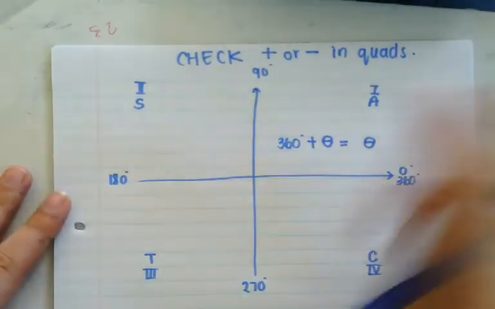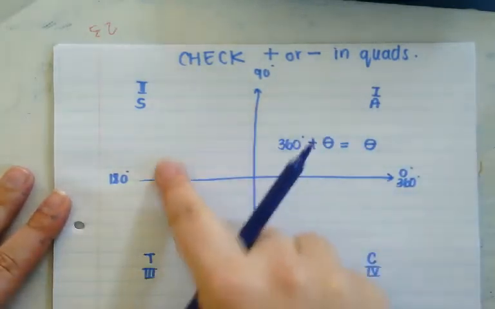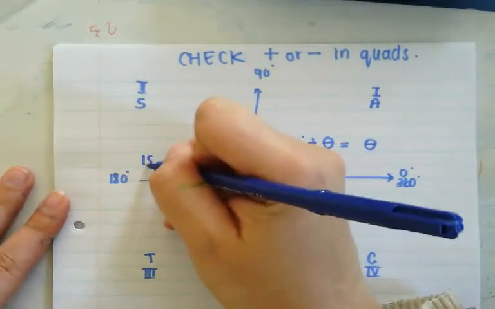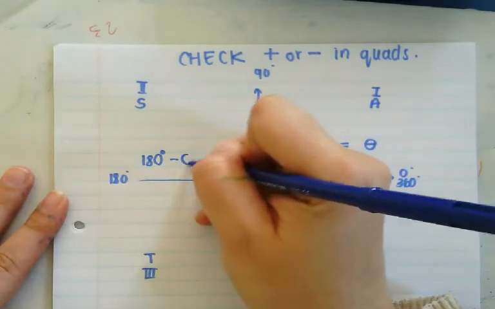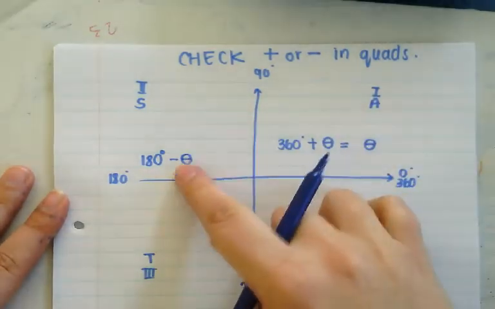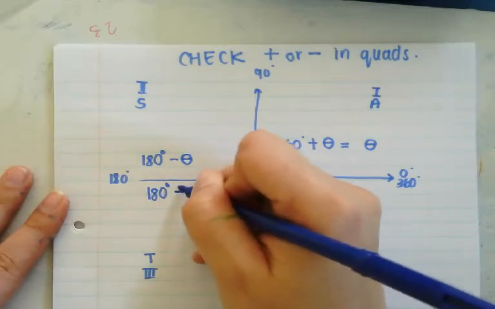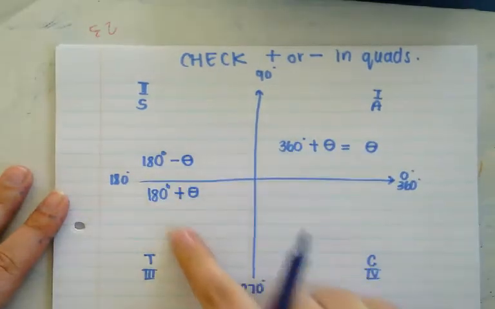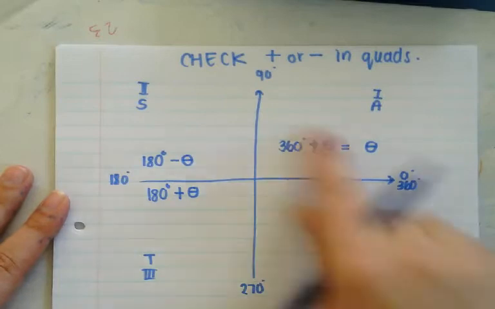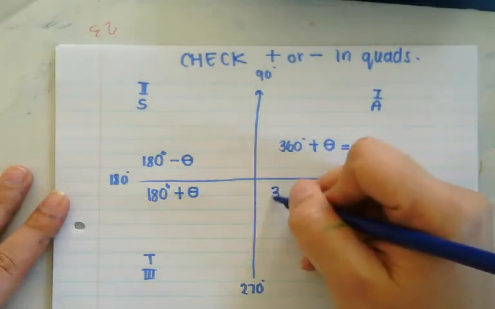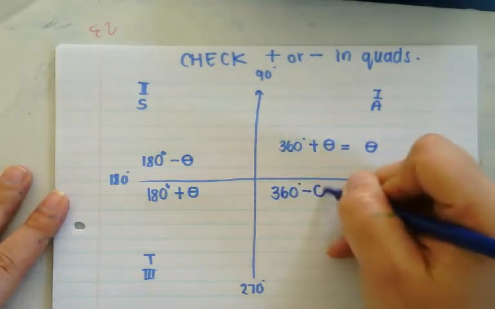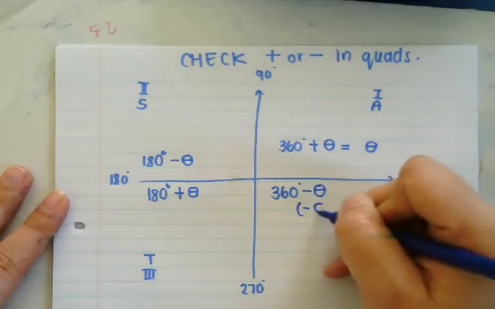We learned that yesterday, 180 minus theta. We learned 180 plus theta. We learned that this was 360 minus theta. But we also know it to be negative theta.